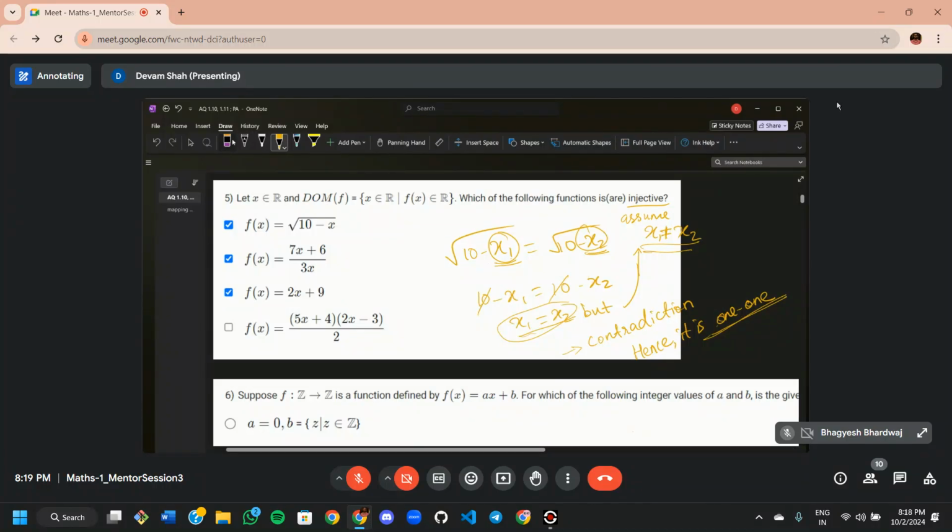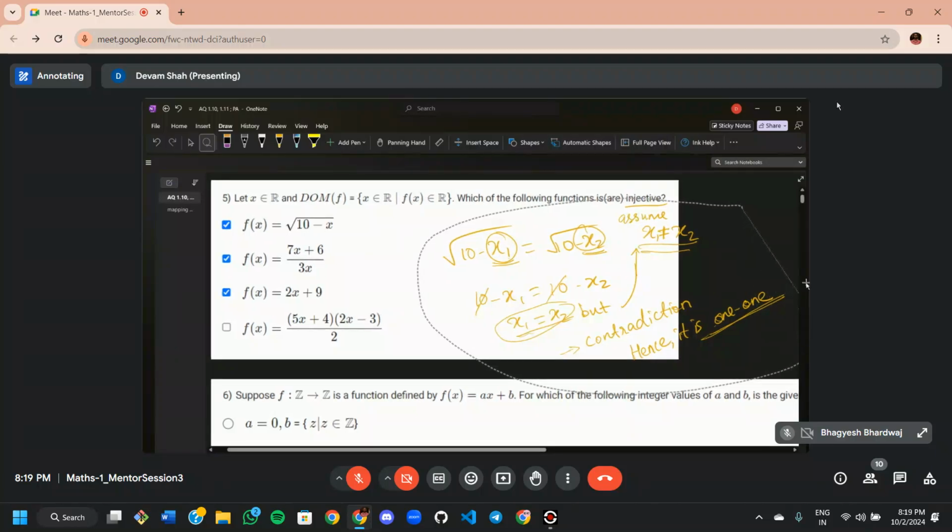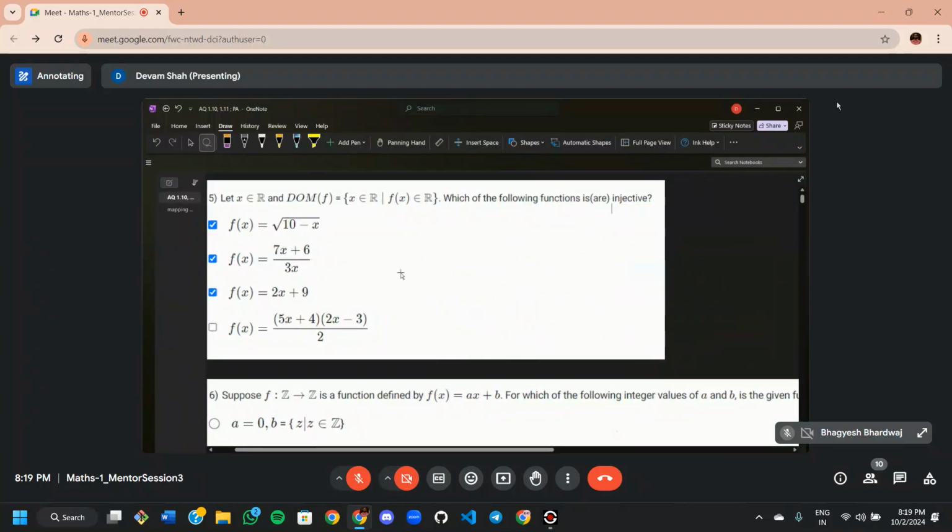For example, now, if we take a function x squared plus 2. Now, I will try the same thing. Assume x1 not equal to x2. The 2 gets cancelled. x1 squared equals x2 squared.